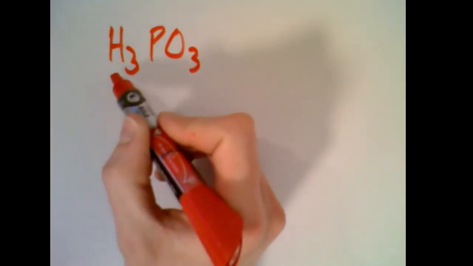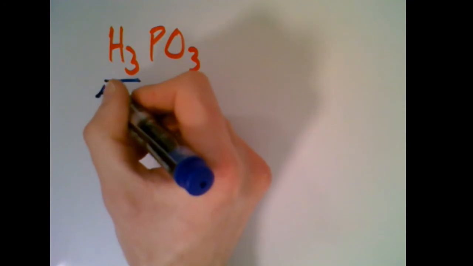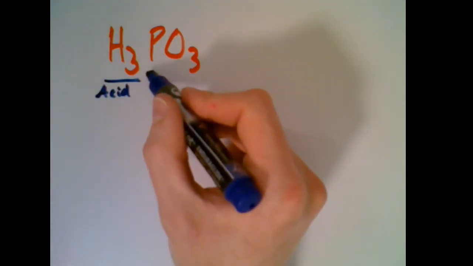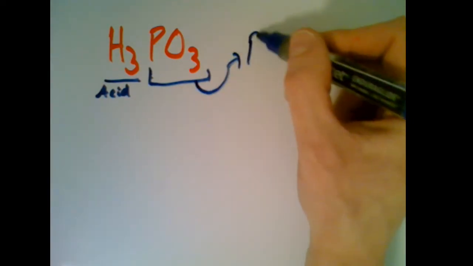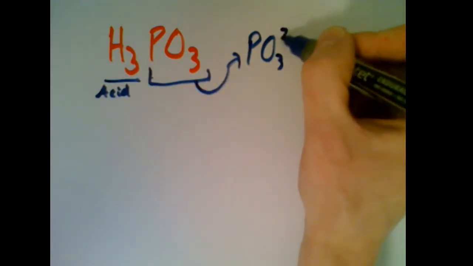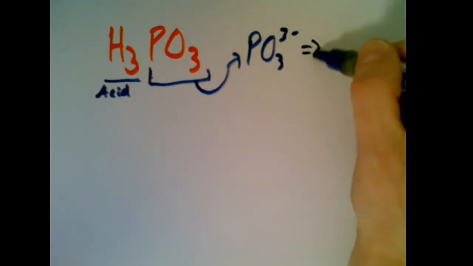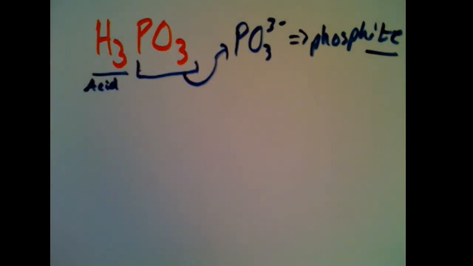And so let's say we had something like H3PO3. So again, what you would want to do if you're working on this is notice, okay, I've got H's in the front, dealing with an acid. Follow my acid naming rules and find PO3 on my list of polyatomic ions. It has to have a -3 charge because of the 3 hydrogens. And this is called phosphite. That ITE ending is the important part here for us, because that ITE ending is going to tell us how to name it.